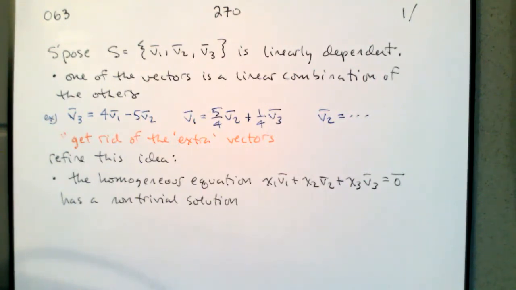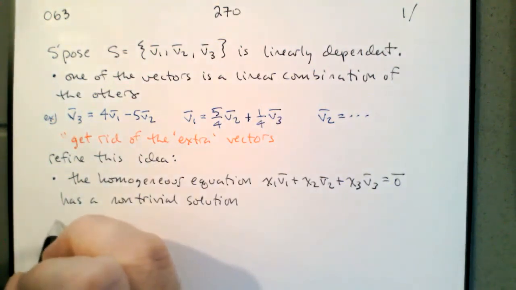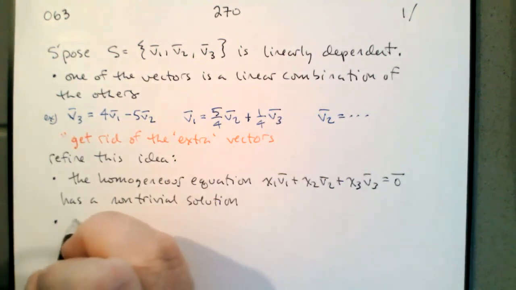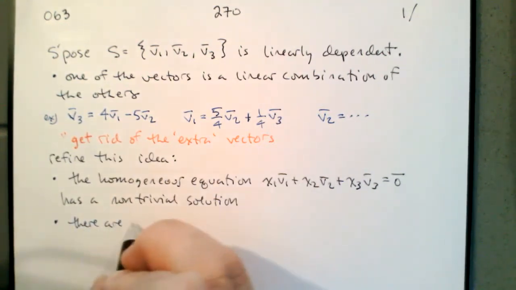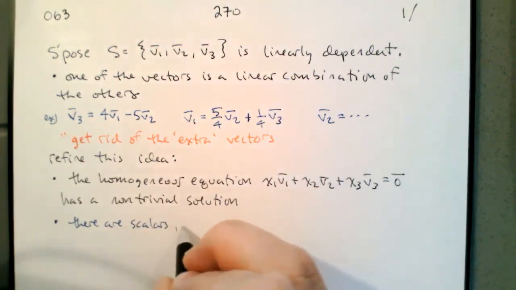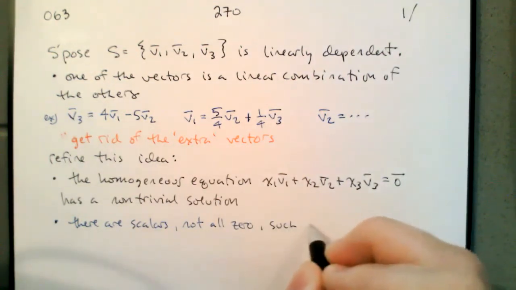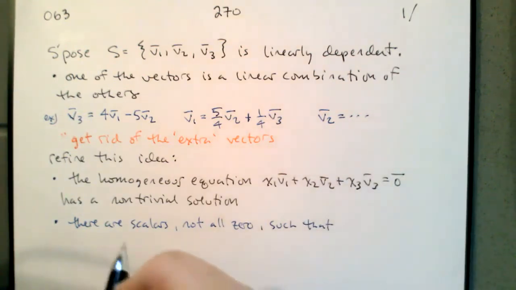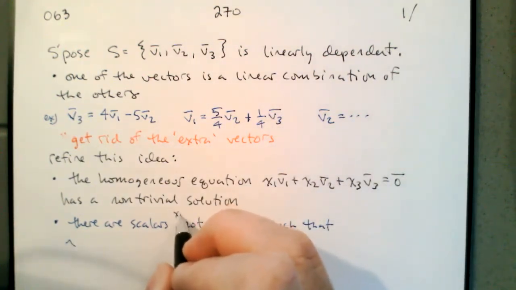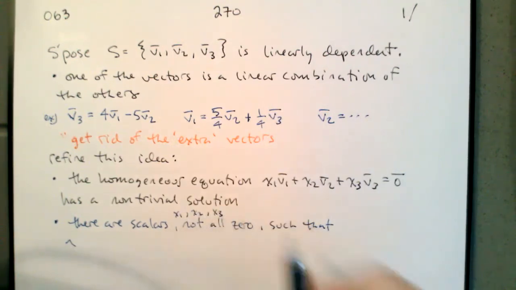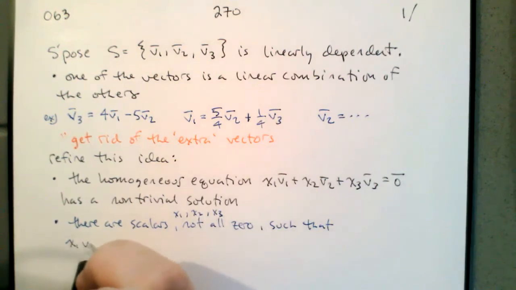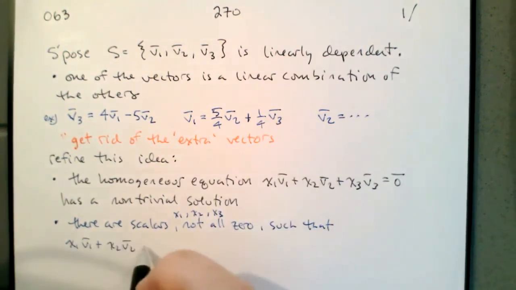So the other way we can describe this, the non-trivial solution thing, another way to phrase this same idea is to say there are scalars x1, x2, x3, not all zero, such that x1 v1 plus x2 v2 plus x3 v3 is equal to 0.